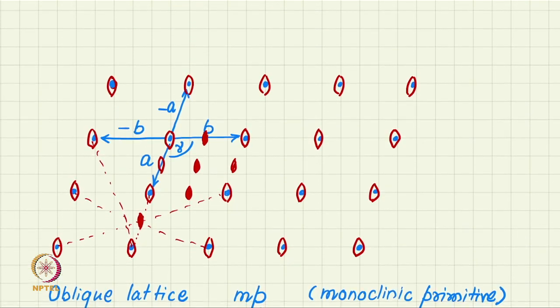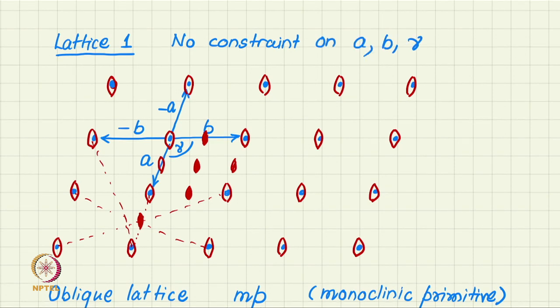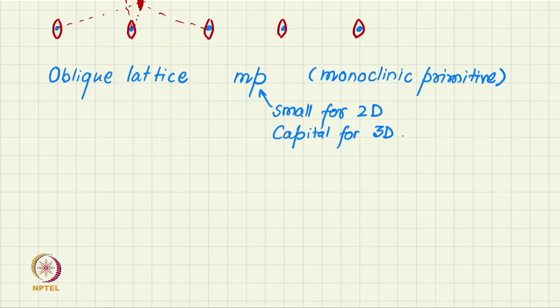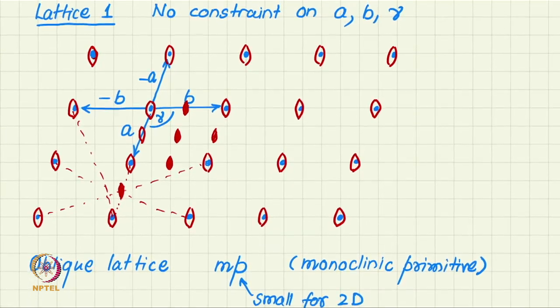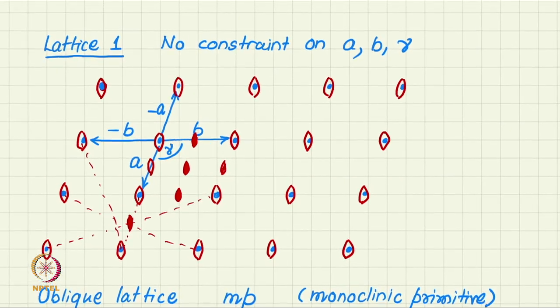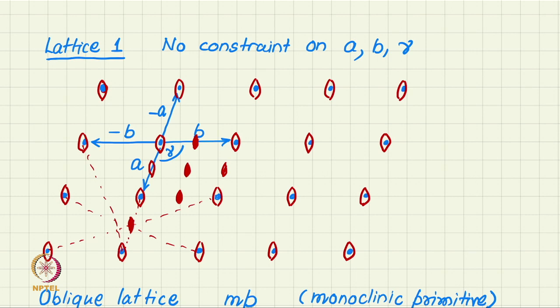Let us call this lattice 1. Is there any relation between A, B and gamma? There is no relation or no constraint, they can have any value. So, we were trying to classify by symmetry, and the least symmetry, as somebody said, was no symmetry.